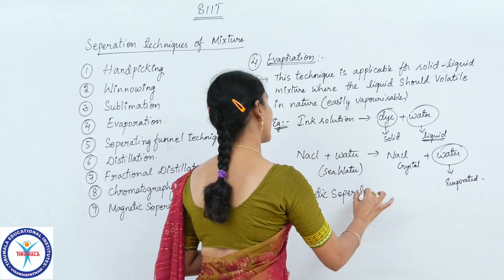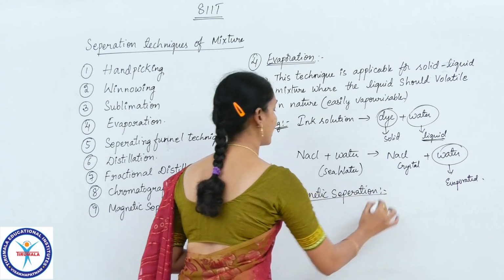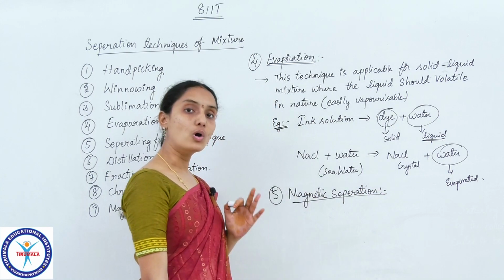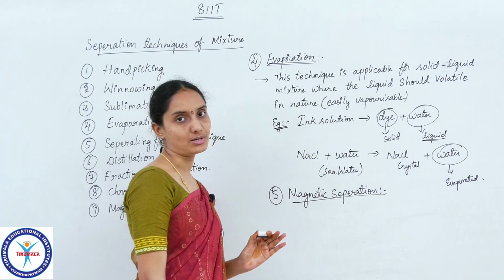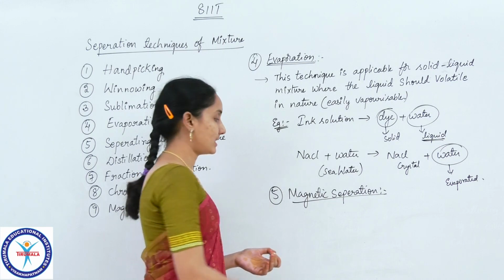Magnetic separation is a technique you can use to separate the components of a mixture only when one of the components is magnetic in nature.